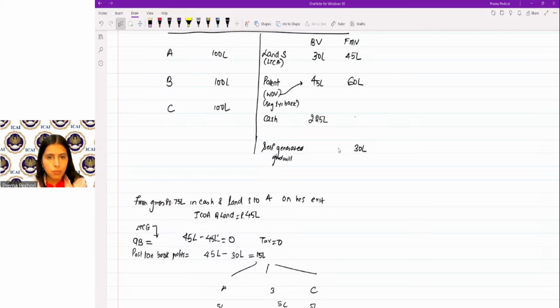Equal but what, Jacob? No, Gopika. No, Jacob, not 7.5, not 15, Gopika.